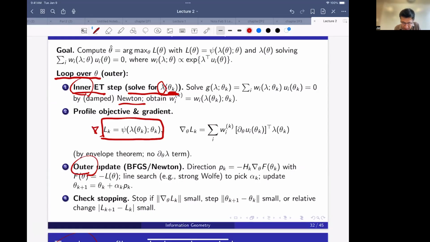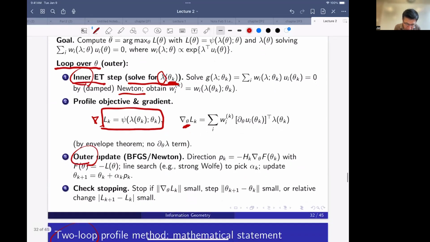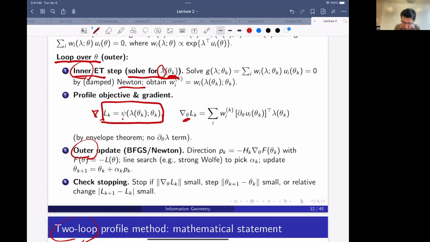Okay, and if you think of it this way, you want to take the differentiation because you want to apply Newton method, right? Then how to differentiate? There's actually a very interesting result. If you do that, then you don't have to worry about differentiating lambda.